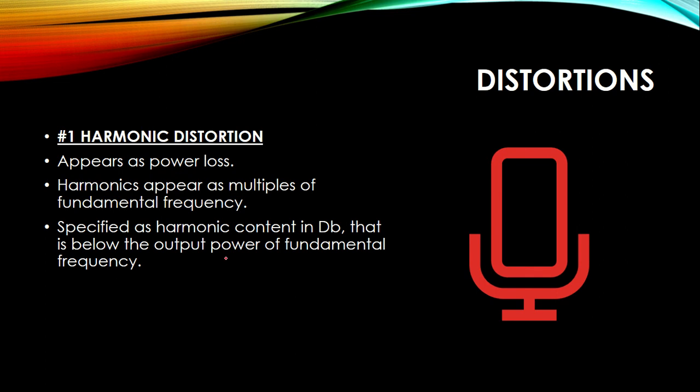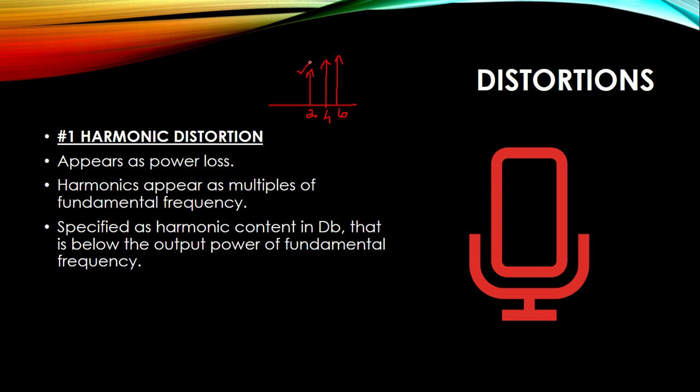Now coming to the various types of distortions in the RF power amplifier. The first type of distortion is the harmonic distortion. We already saw harmonics in the previous topic of mixers. Harmonics are nothing but, for example, this is my required output frequency. Let this be 2 Hz. This is not the only output that is obtained. In addition to the required frequency, additional frequency bands which are multiples of the output frequency are obtained.